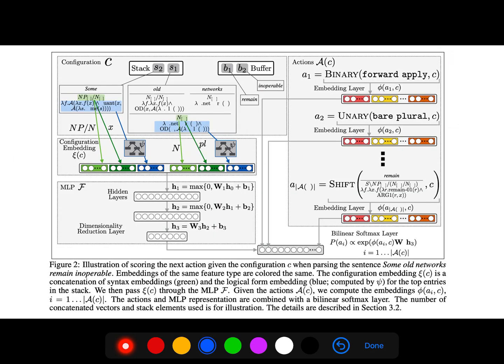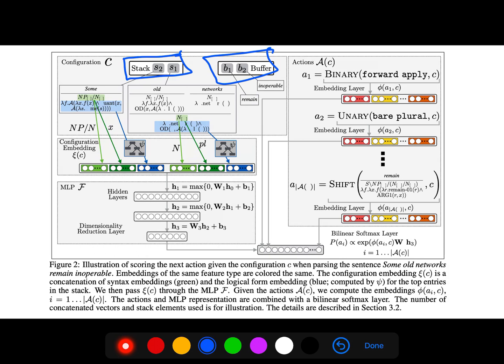So in order to say what is the probability of a given action, because in any shift reduce algorithm you have a stack and you have a buffer. Usually we use just the top of the buffer, and the top two elements of the stack.